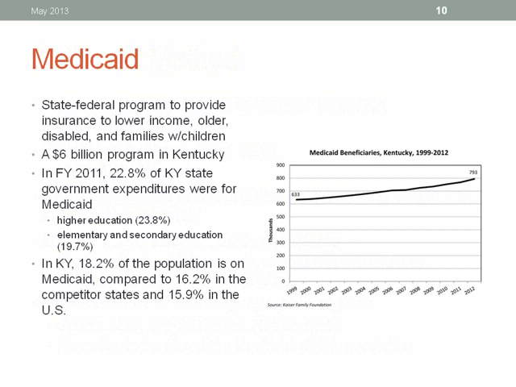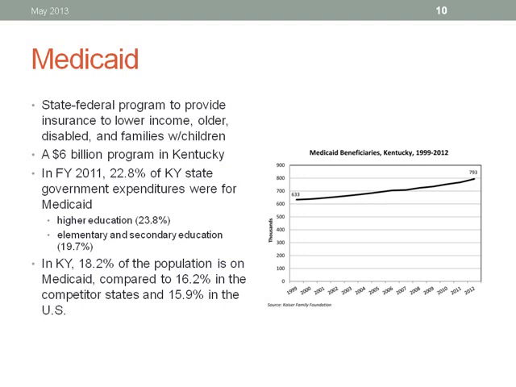Here you see in the chart the number of beneficiaries in Kentucky from 1999 to 2012, how it's increased, but also in terms of the size of the budget. It's a $6 billion program in Kentucky. And the most recent data that I have from the National Association of State Budget Directors, it's the second largest expenditure category for Kentucky, second only to higher education.